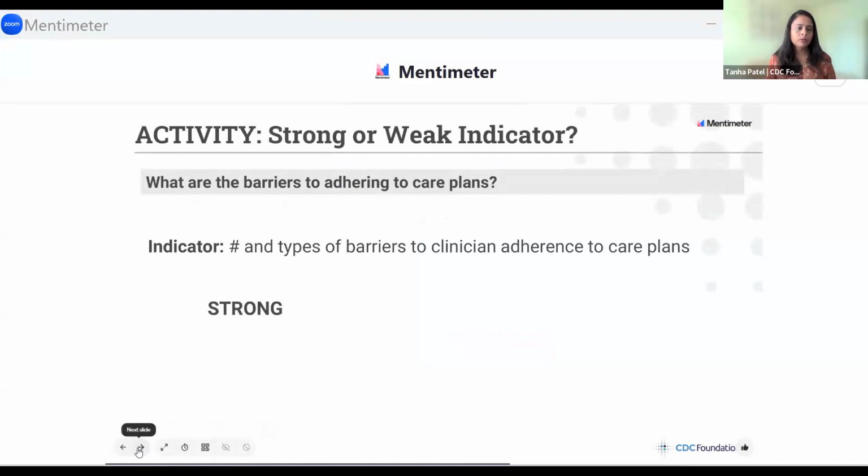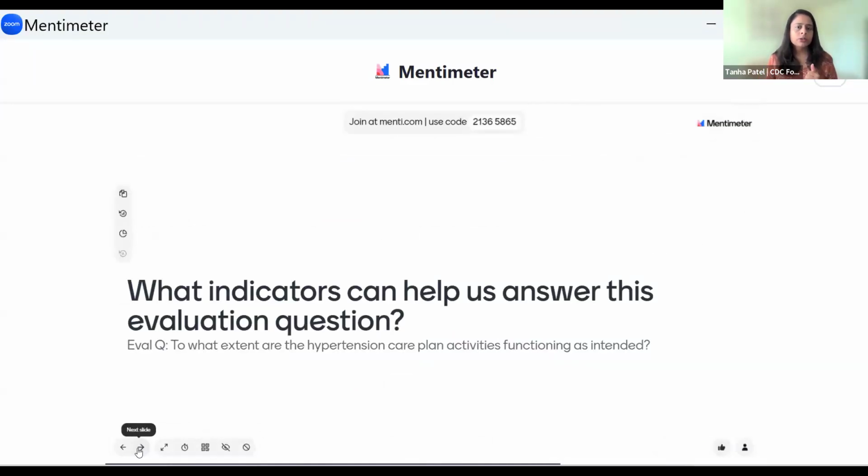So now that we've covered what to look for in an indicator, let's try to brainstorm some strong indicators for each of our evaluation questions together. So using the Mentimeter poll still on your side, you can now type in open space words, indicators that you think may be a good indicator to answer the question: to what extent are hypertension care plan activities functioning as intended?